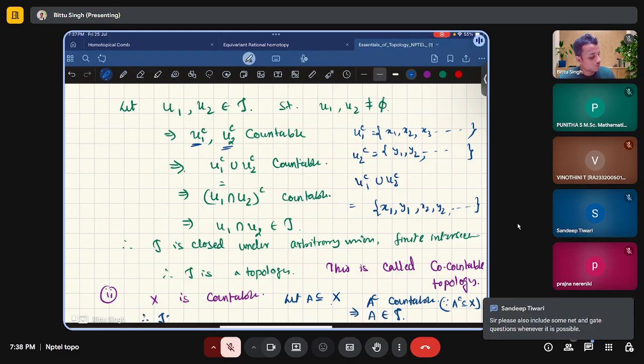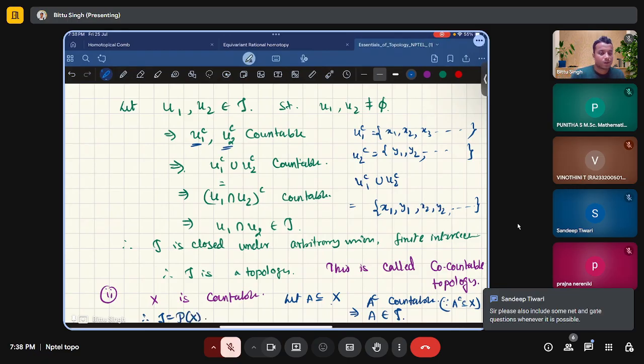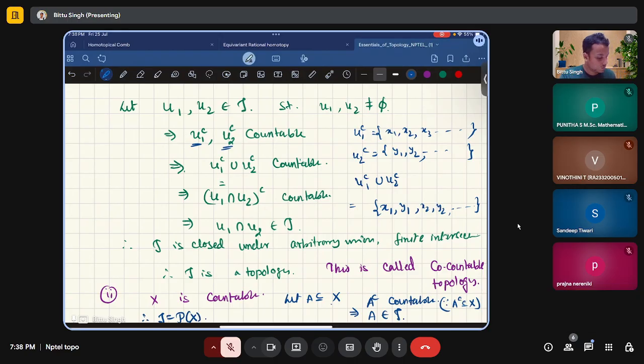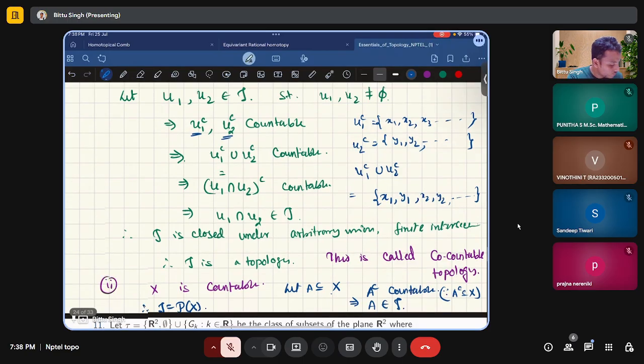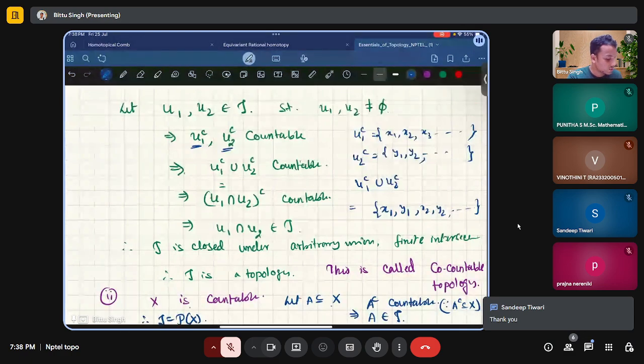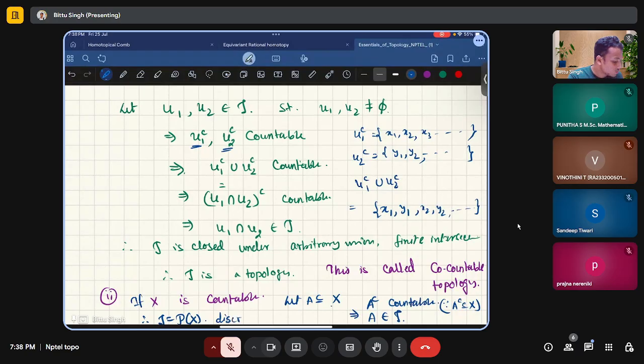Therefore, tau is actually the power set. So if x is countable, then we are getting the discrete topology. This topology is called discrete because everything is there.